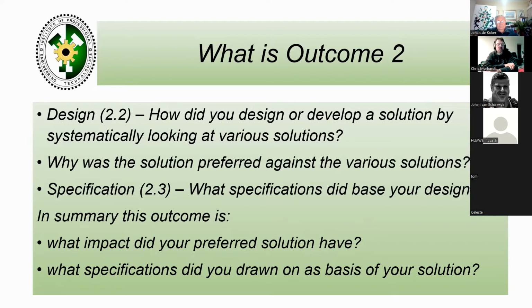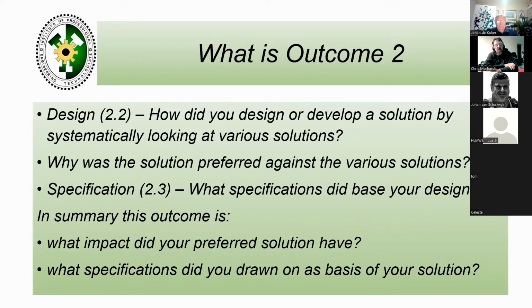Would it be better? Why? And then this is where you ask, why was the solution preferred against the various solutions? Why did you choose it? Because it was maybe easier to build, or was it financially viable, or was it serviceability? You have to be able to answer that yourself.